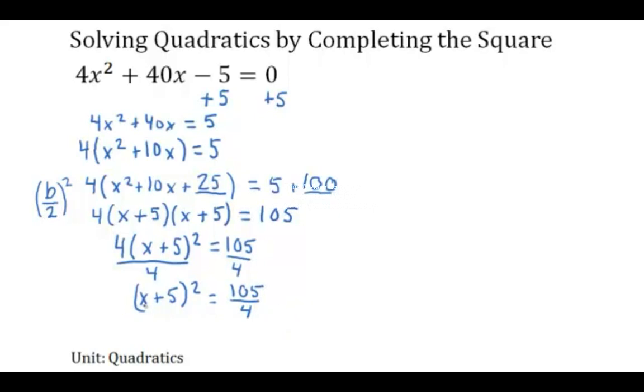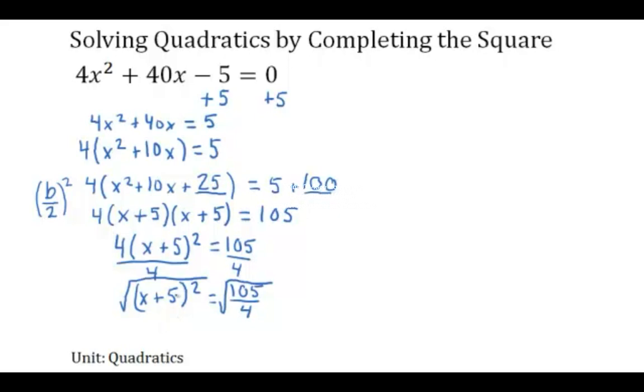Okay, so I'm still trying to get x by itself. I'll have to eventually get rid of this plus 5, but first of all, I'm going to deal with the square. If you have something squared, the whole thing squared, the inverse is the square root. So I'm going to take the square root of both sides.